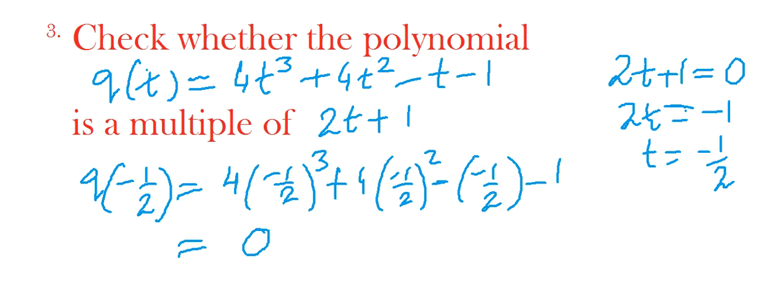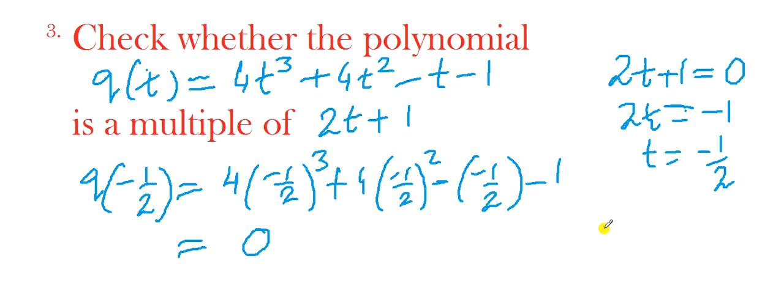So your remainder is 0, which implies 2t plus 1 is a factor of q of t. That again implies that q of t is a multiple of 2t plus 1. So this is one application problem of the remainder and the factor theorem.